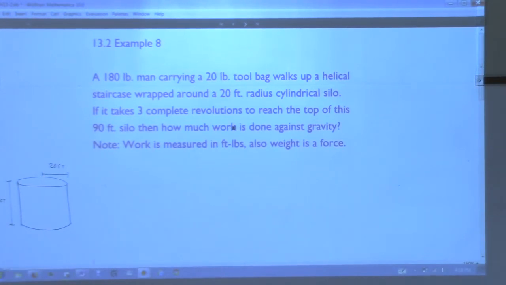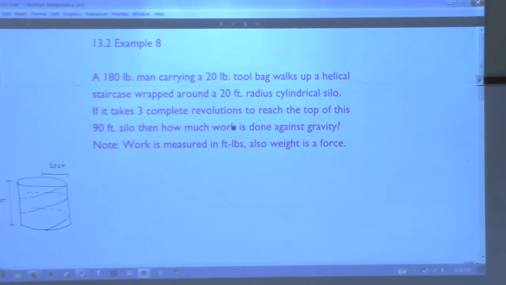And his staircase is wrapped around that, and it's helical, right? A helical staircase. So helical means it's going to start here, go around the backside, come back around, go around the backside, and back around like that, right? Helical staircase around this thing. It takes 3 complete revolutions to reach the top.